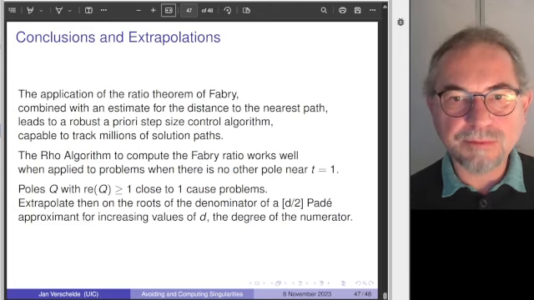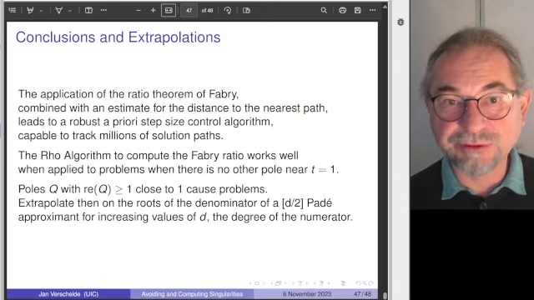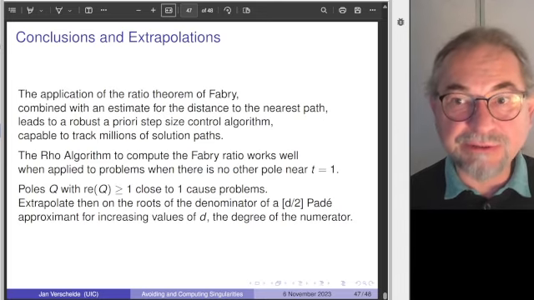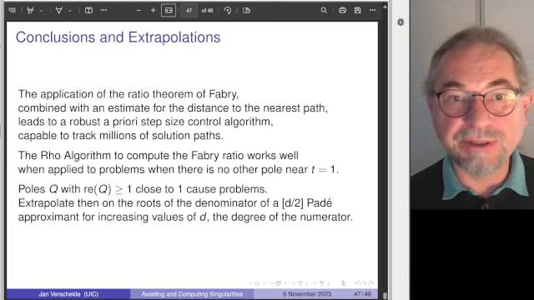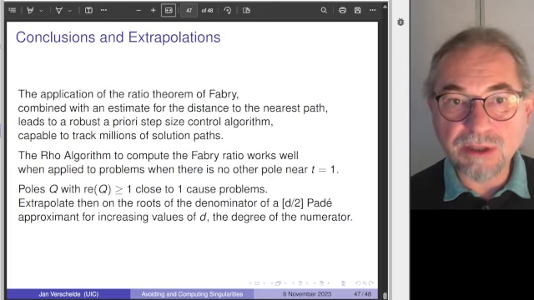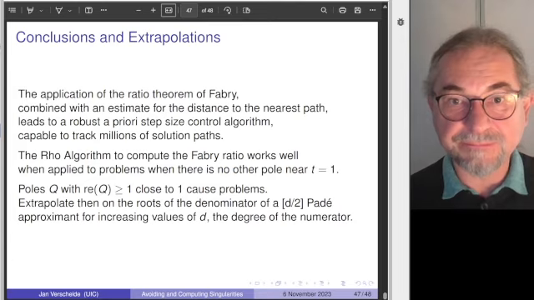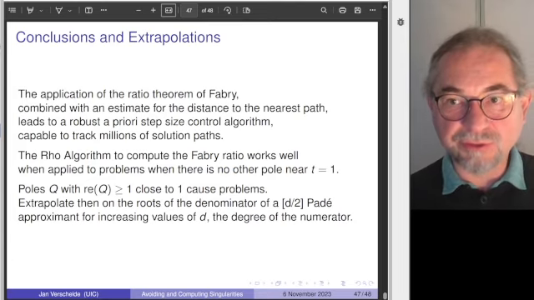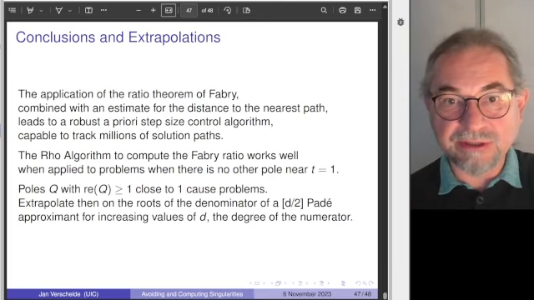So the first conclusion is that the ratio theorem of Fabry is quite effective to have a good step size. And that became apparent in our second study.